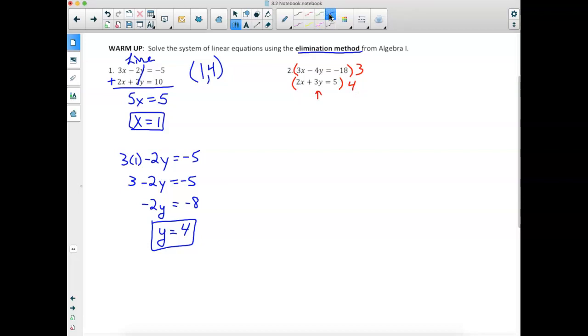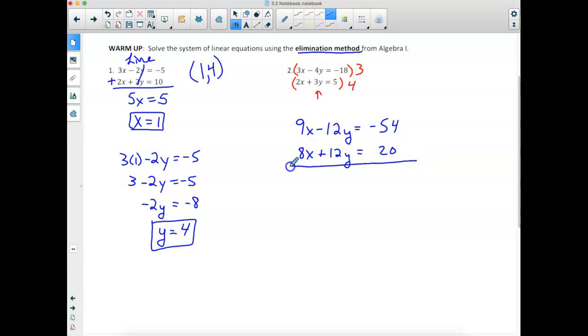But I got to multiply the whole equation by that. So I get 9x minus 12y equals negative 18 times 3 is negative 54. And then I take 8x, because I'm doing the bottom one by 4, plus 12y equals 20.